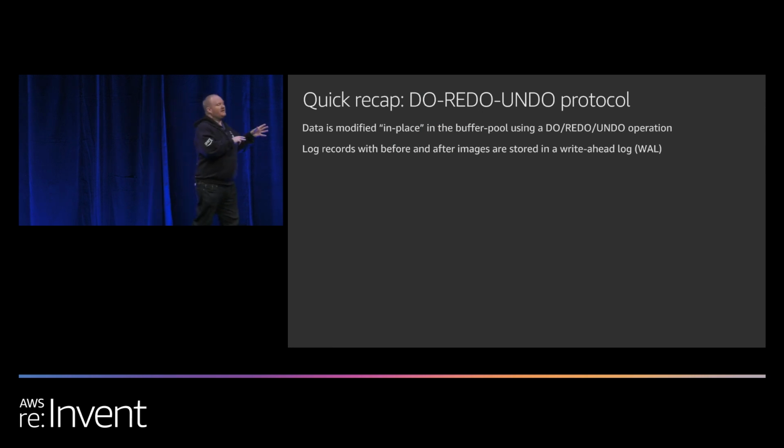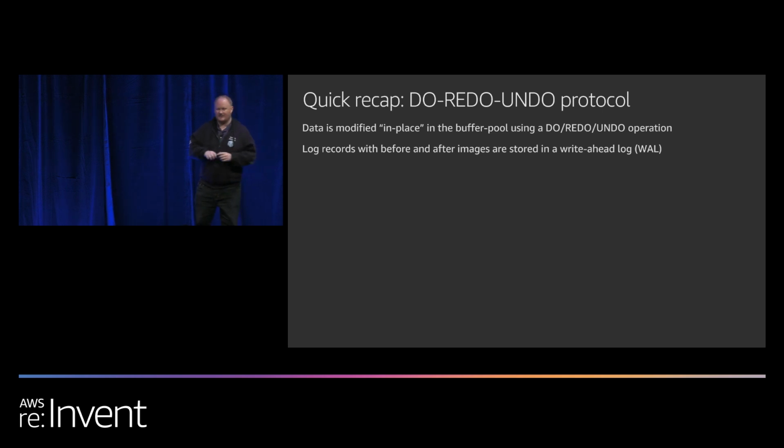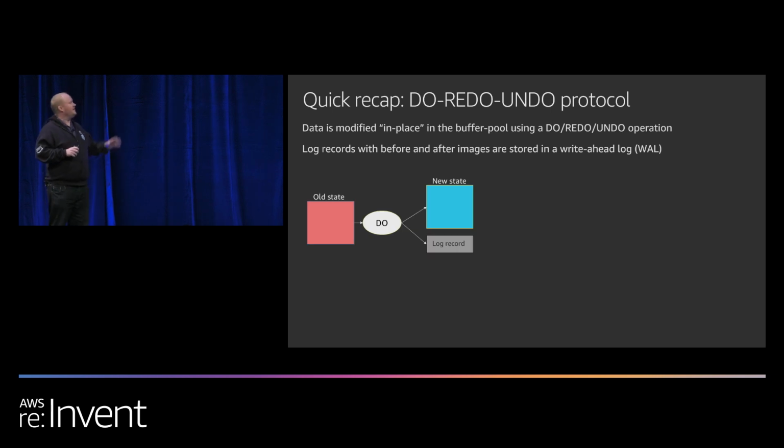So databases, to be able to guarantee durability and consistency, use something that's generally referred to as a do, redo, undo protocol, which is fairly simple. When you do, this means you issue an insert, update, or run a transaction. You take the old state, could be the price of the book was $20, and we make the change, and we then get the new state, so the altered page in memory, and we get a log record.